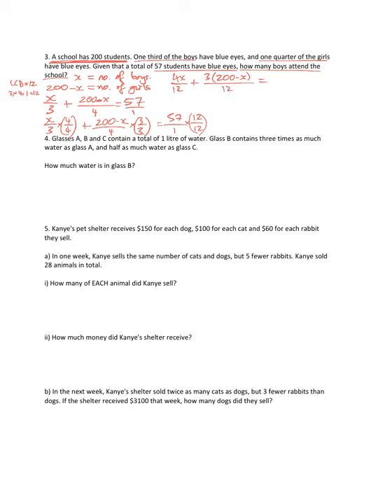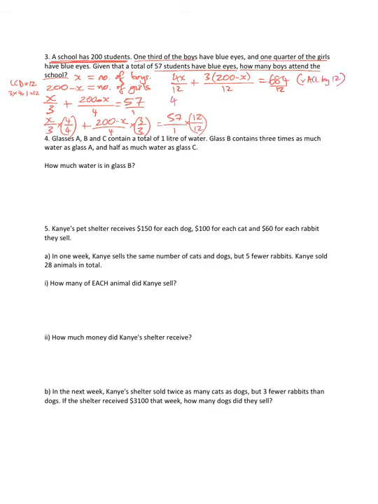Other side, 57 times by 12, 57 times by 10, 570, 2 times by 57, 114, that gives me 684, I believe. 684 on 12. You'll have your calculator for the test anyway. All the denominators are 12 now, so times all by 12 to get rid of the denominators.